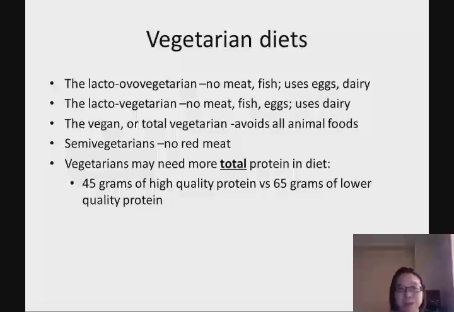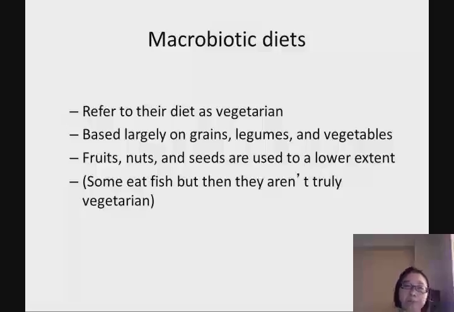And those, sometimes, excuse me, are not high quality protein. So that's why they need a higher amount of lower quality protein to compensate for the high quality proteins. For a regular person, we need 45 grams of high quality protein. But for vegans, they need 65 grams of lower quality protein in order to meet their protein needs.